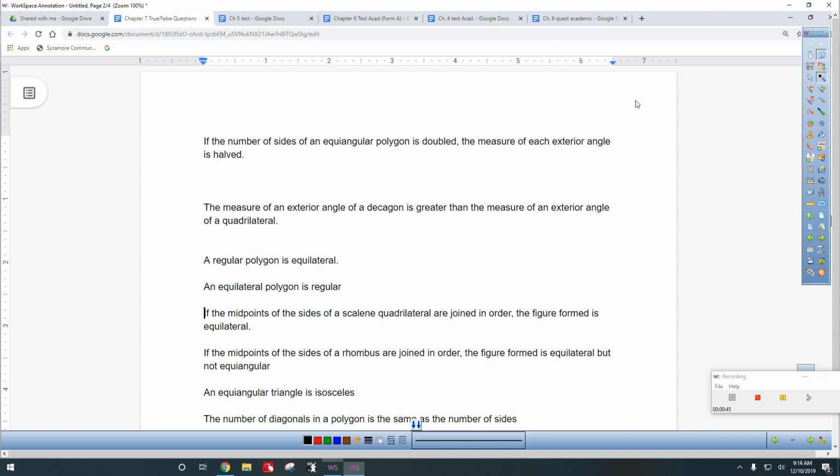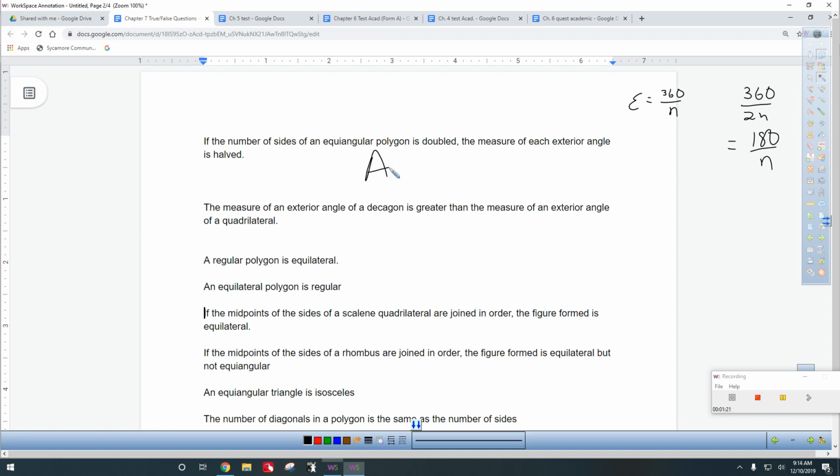The exterior angle is 360 over n. If the number of sides is doubled, let's compare that to 360 over 2n, which is equal to 180 over n, which is half of that. So this is always true.